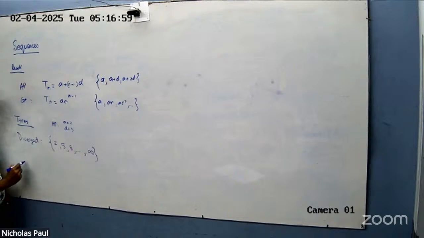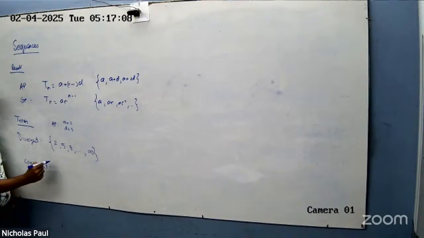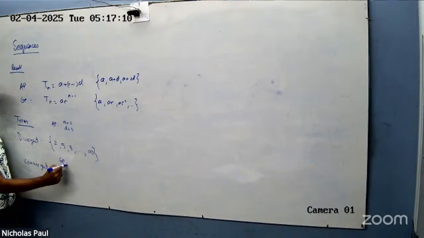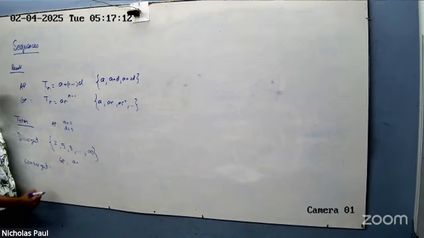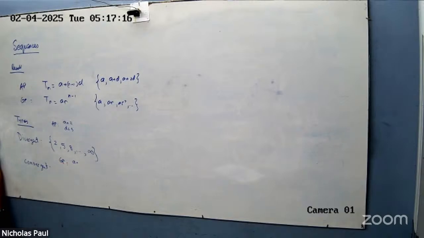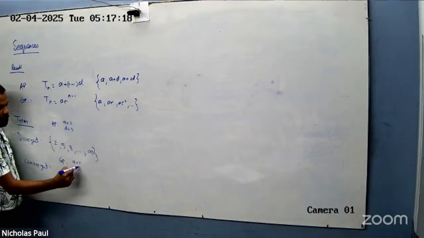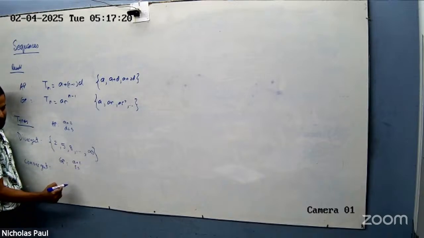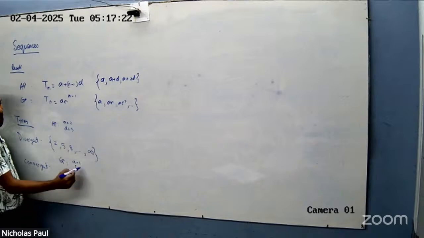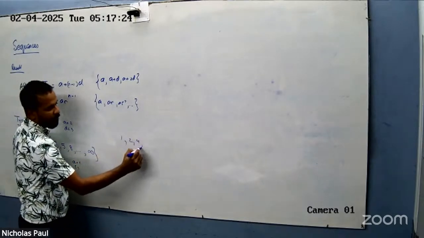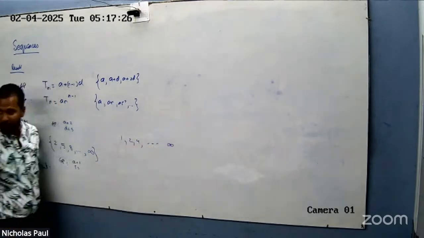Anybody can give me an example of something that's convergent? A GP, but give me an actual example. Use a as 1 and r as 2: I'll get 1, 2, 4, and I'll keep getting bigger and bigger.